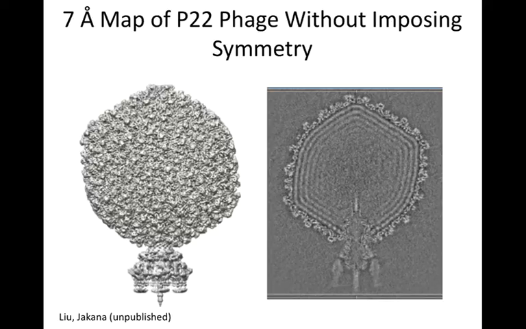As a result, our resolution on these structures is lower, only 7 angstrom for this mature phage. And in this case, we see not only the capsid protein, but also the other proteins in the special vertex.